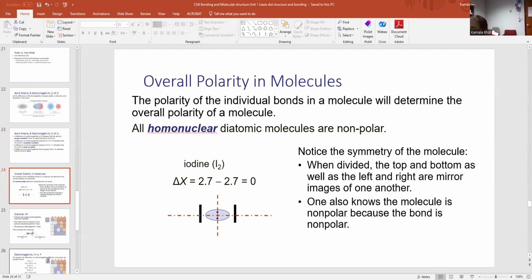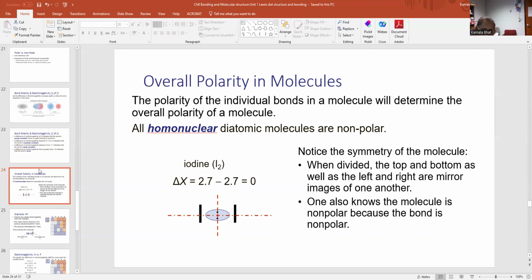If there are two I atoms and you subtract the electronegativity values, then you will get 0. And therefore these molecules have symmetry: the top and bottom, as well as the right and left, are mirror images of one another. One also knows the molecule is nonpolar because the bond is nonpolar.